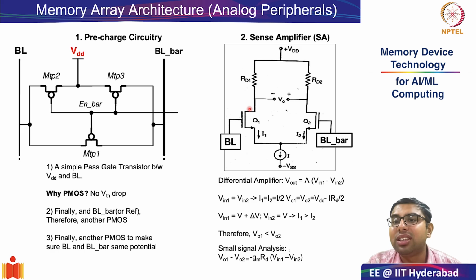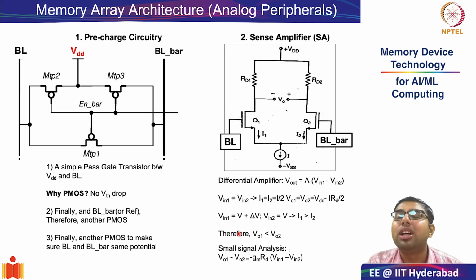If the current of the left branch is more than the right branch and these two resistors are identical and both are connected to a common plus VDD, it is natural to expect that the voltage drop on the left branch has to be higher than that on the right branch. As a result, VO1 at this point will be slightly lesser than VO2.